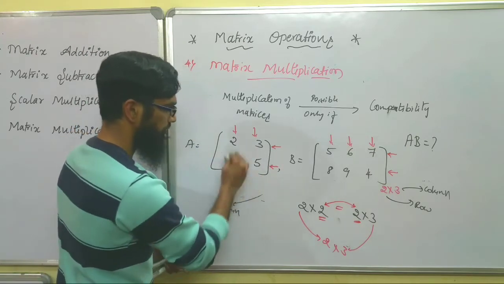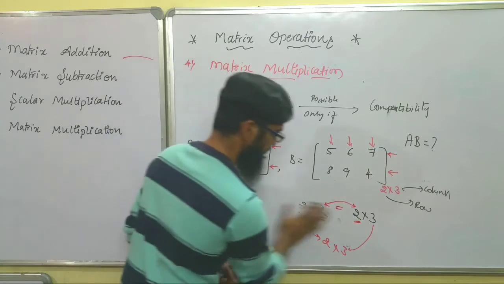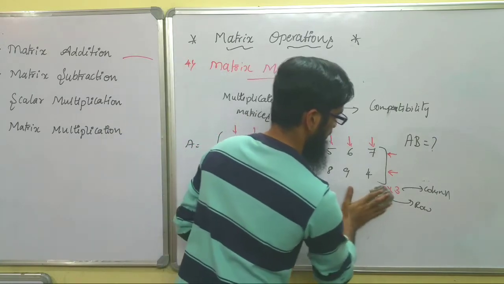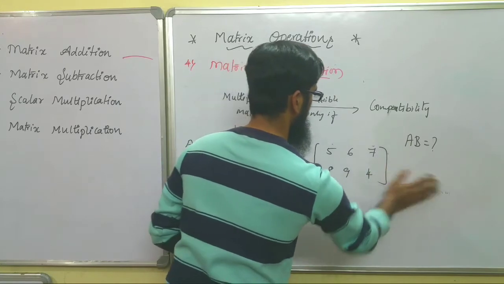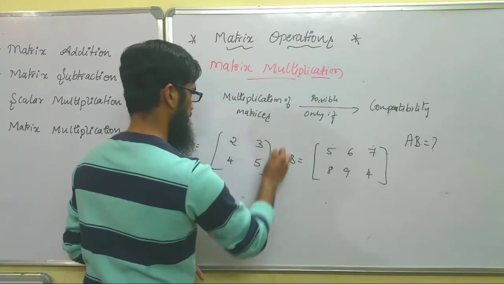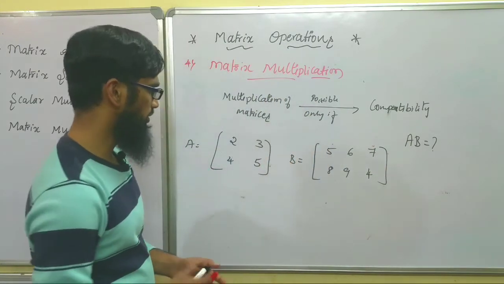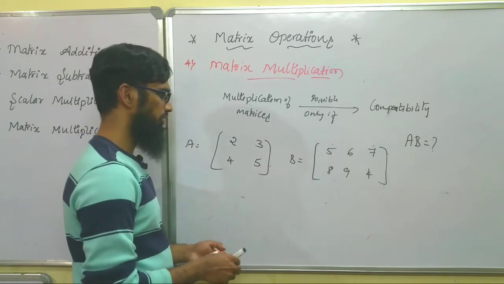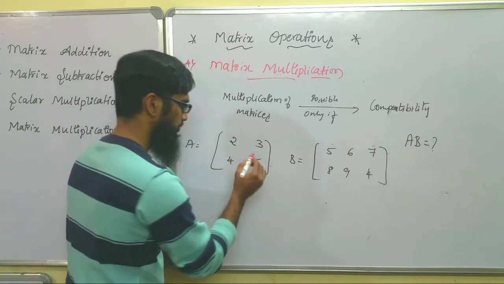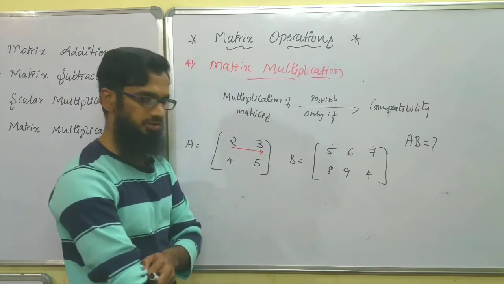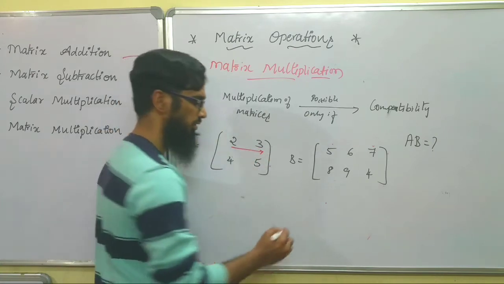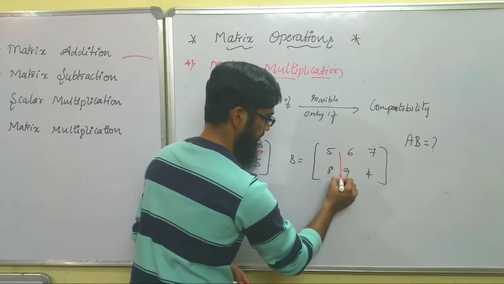I'll just go with the same matrix here. The important thing is, it's so simple. What we have to do here is take the first row of matrix A and multiply with the first column element here.